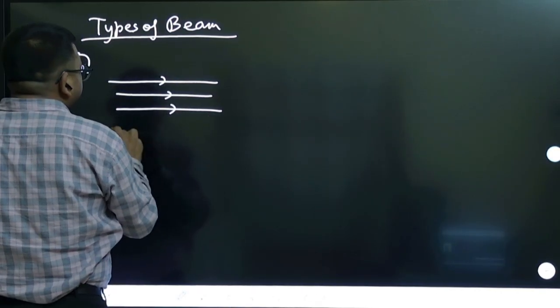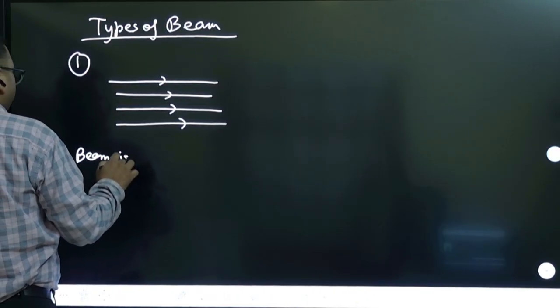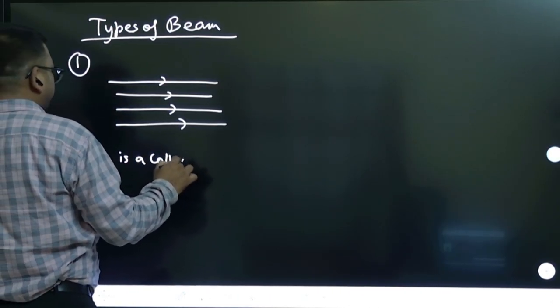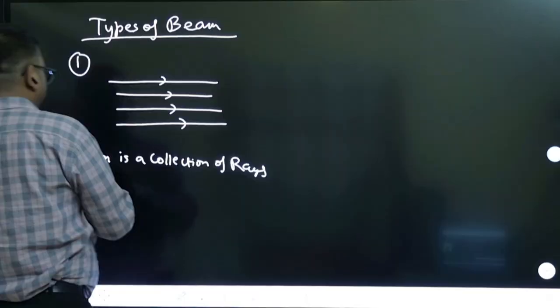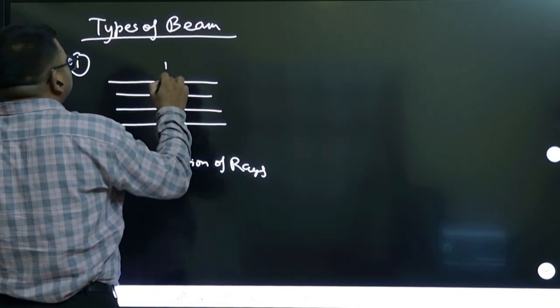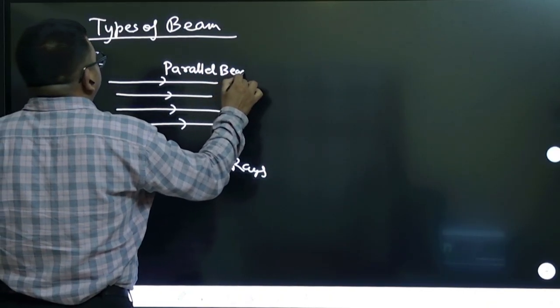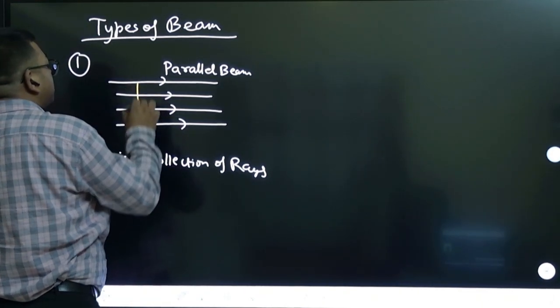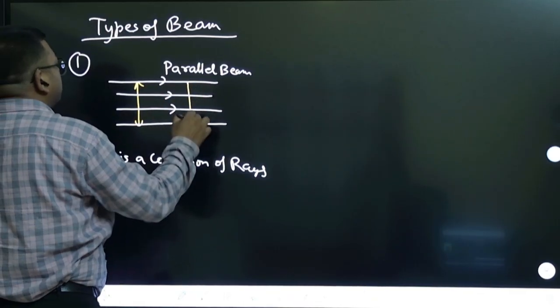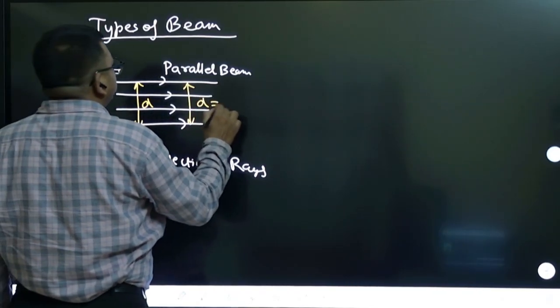A beam is a collection of rays. If you take this type of beam, this is called a parallel beam, because they are neither converging nor diverging. The distance between them remains the same. Let's say this is the diameter, this remains constant.